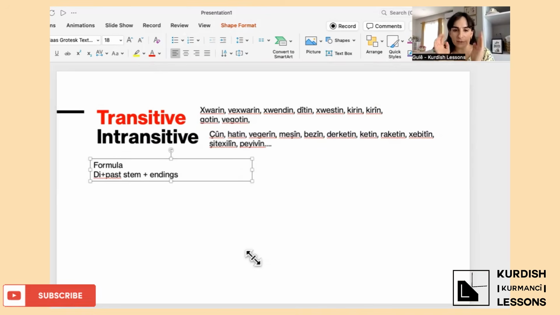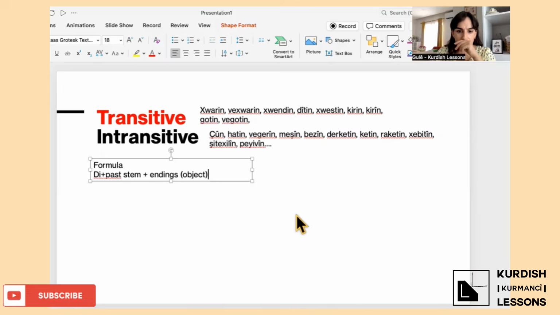But just keep in mind the most important thing about past tenses. Whenever we add endings to the transitive verbs, these endings are related to the object. So I will write object, so you will understand that these endings e, no e, e, and for plurals are related to the subject.